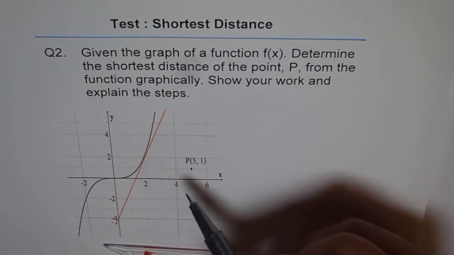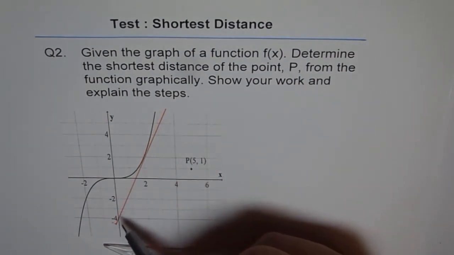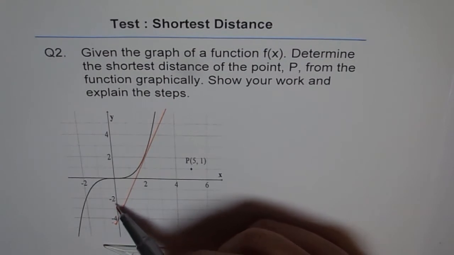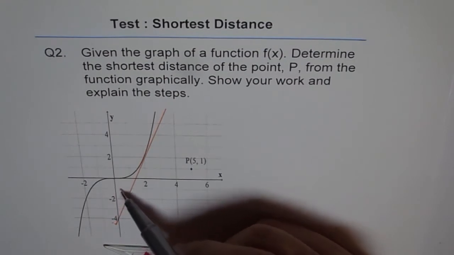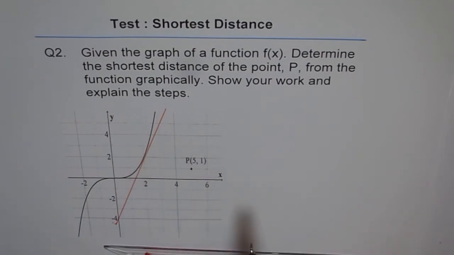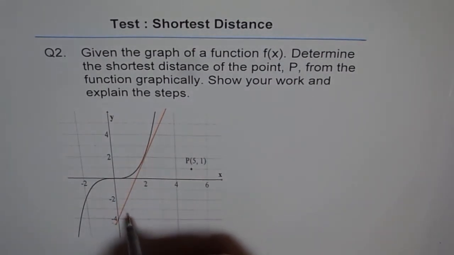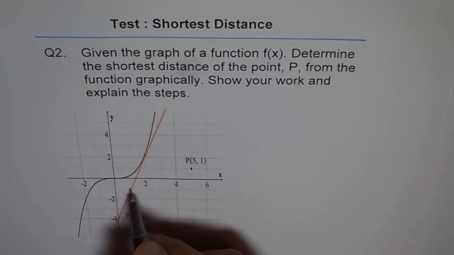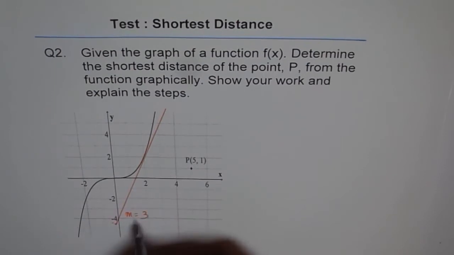So now the slope of the tangent is what? Slope of the tangent is a rise of 1, 2, 3 and a run of 1, right? So 3 over 1 is positive 3, correct? Slope of the tangent is 3.